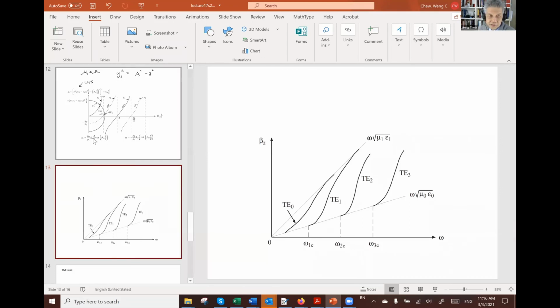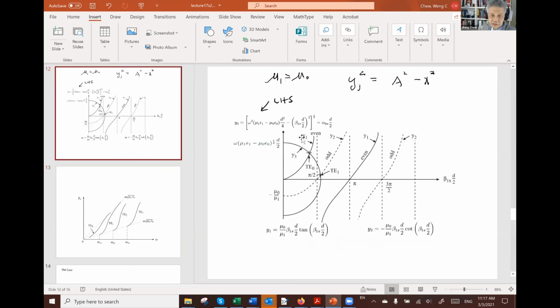When the frequency is very low, the mode has a very long wavelength, and most of the energy of the mode is actually outside the waveguide. You find that alpha 0x becomes very small. Alpha 0x becoming very small means that the mode is hardly trapped. It's weakly evanescent outside.